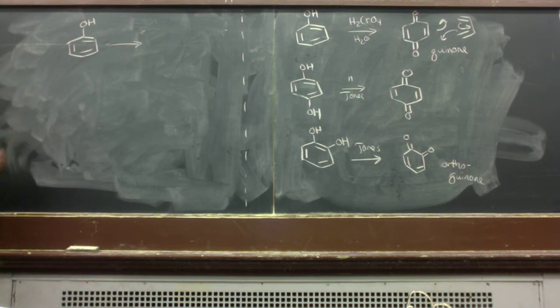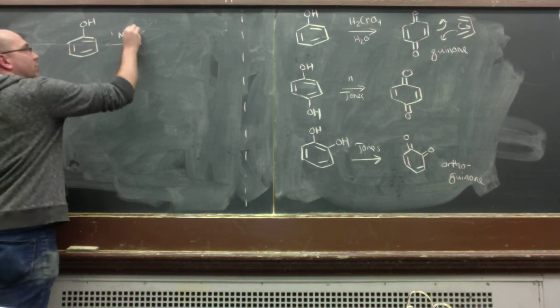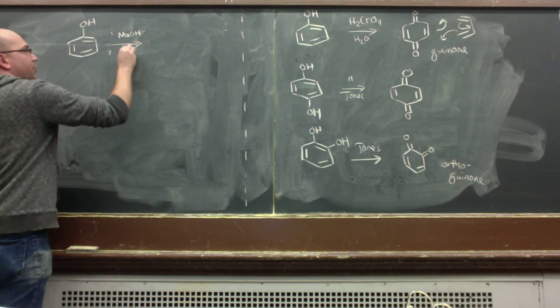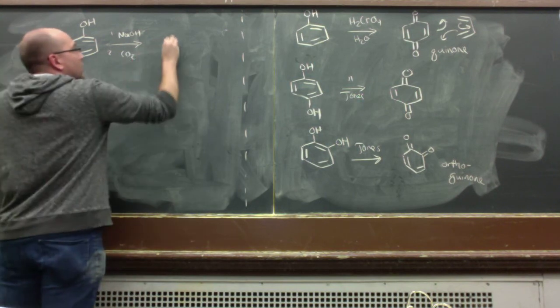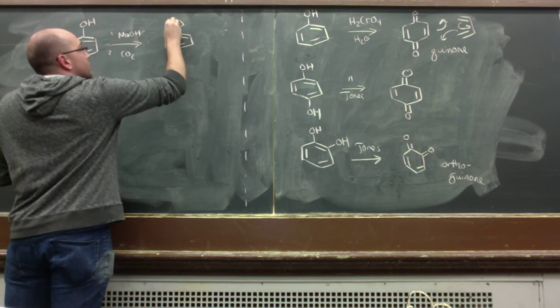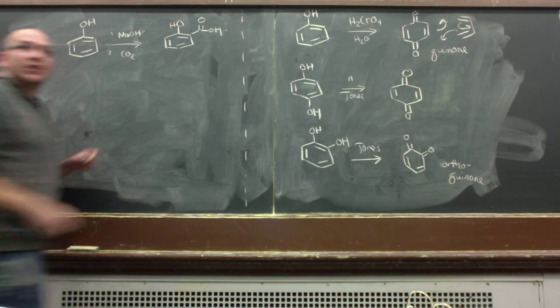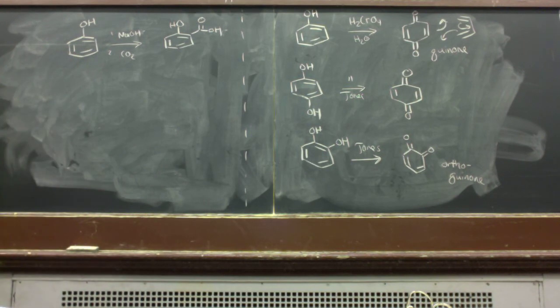So one reaction that your book discusses is called the Kolbe synthesis. It's to make salicylic acid. If you take this molecule and treat it with sodium hydroxide, and then treat it with pressurized CO2, you can actually get to salicylic acid. You can go through this on your own.